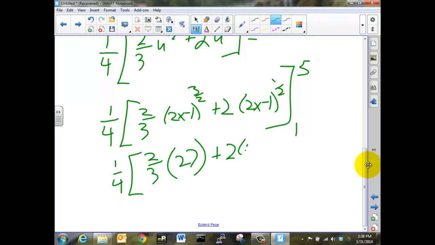Yes, I could write down 6, but I'm trying to give you as many steps as I can. Minus, 1/4. What happens when I put 1 in here? 2 times 1 is 2, minus 1 is 1, and 1 to the 3/2 is 1, so I get 2/3 plus the square root of 1, which is 1.